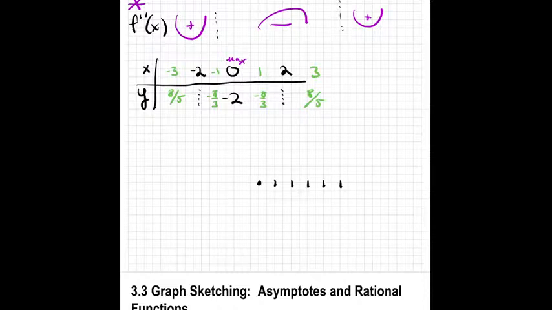I'm going to copy this, paste. Let me undo. I'm going to add a page, a whole other page.